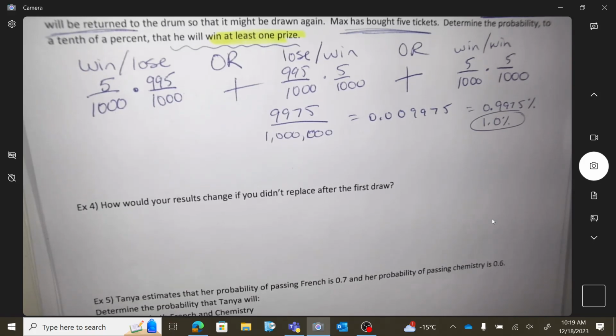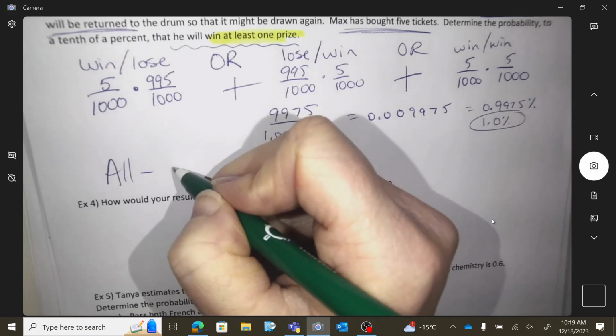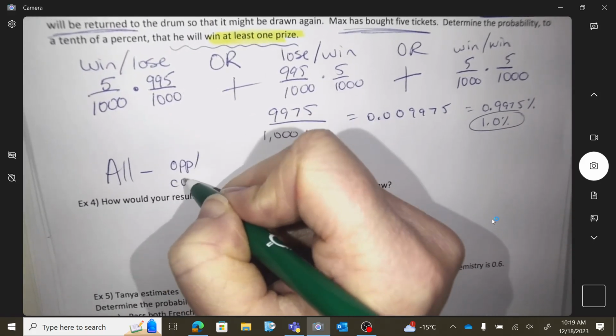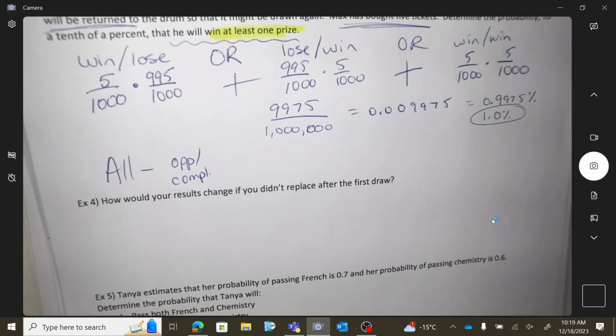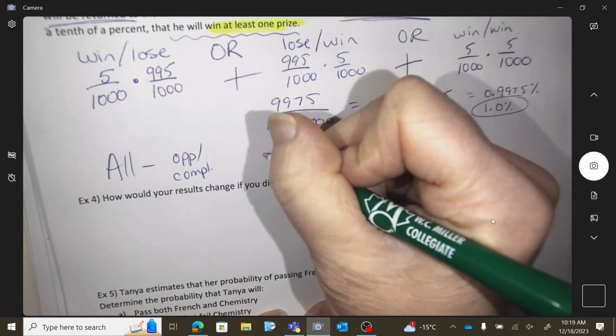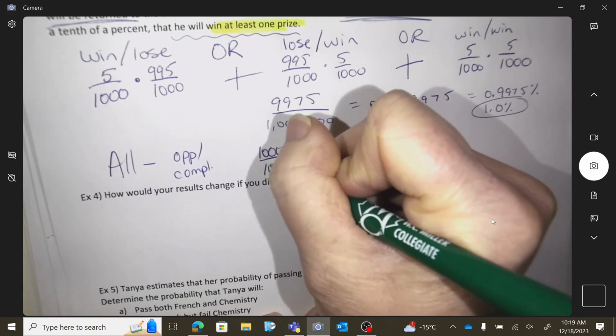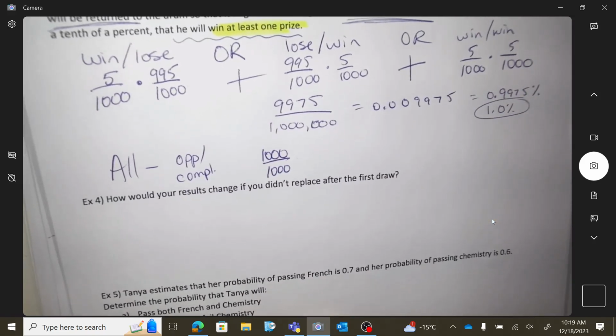Okay, there is a total different way I could have done this question. All minus opposite or the complement event. So all would be 1,000 over 1,000, right? Those are the probabilities of getting all tickets.